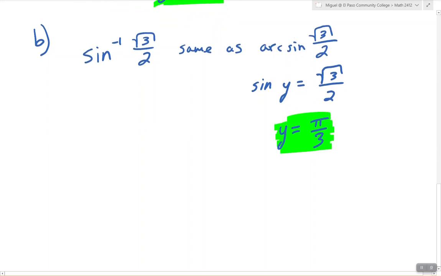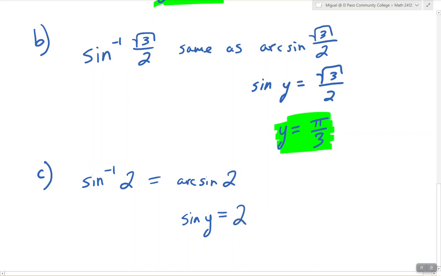Okay. C. C is inverse sine of 2. So this would be the same as looking for a y, for which when you take the sine, we get 2.